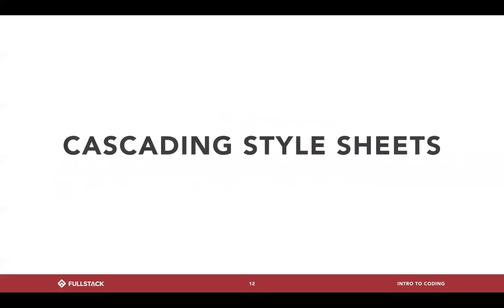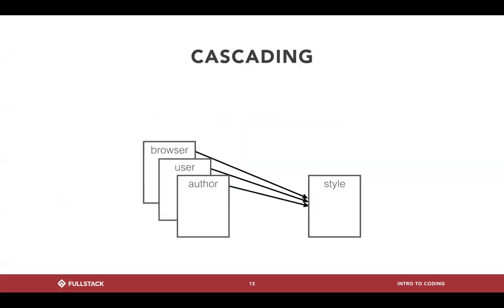So cascading style sheets, the way that it works is that you can have many different files. You write up your style, and you might say, okay, I'm going to have a base CSS, and then another one that's more specific CSS, and then another one that's even more specific CSS.